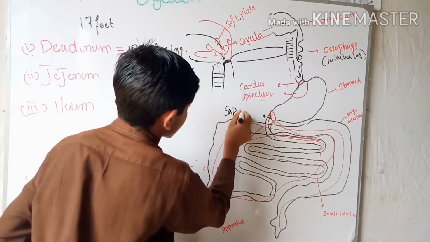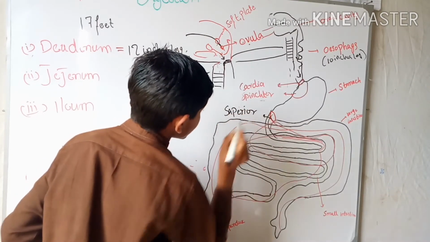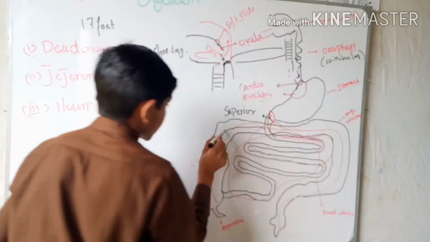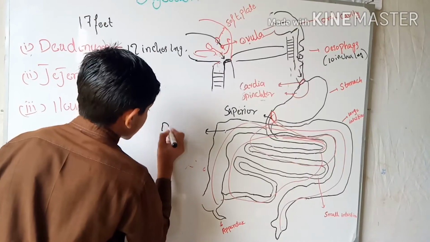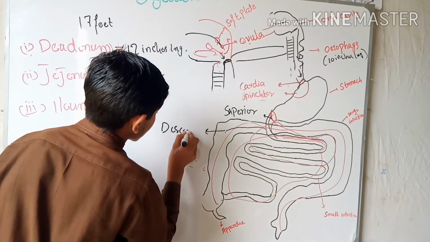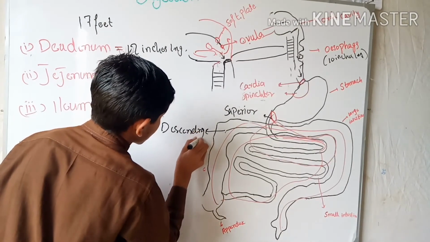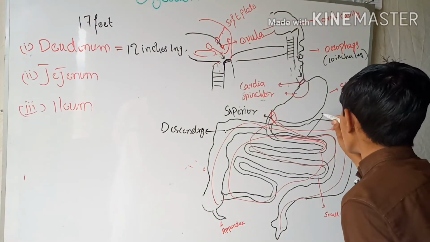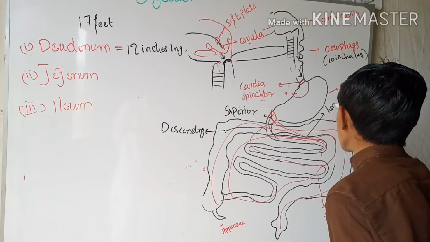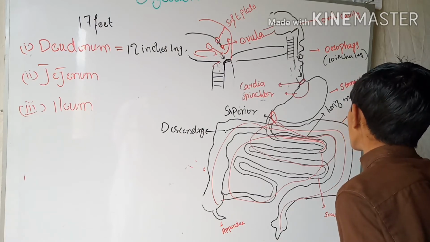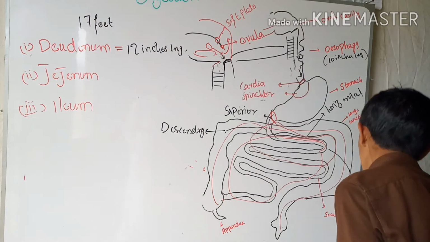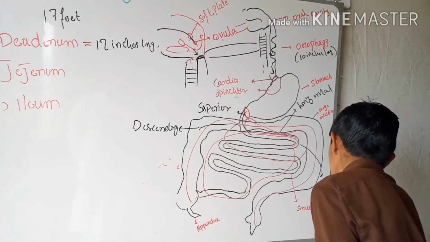Superior, and then this is called descending. This is called the horizontal, and then another one is called the ascending part.